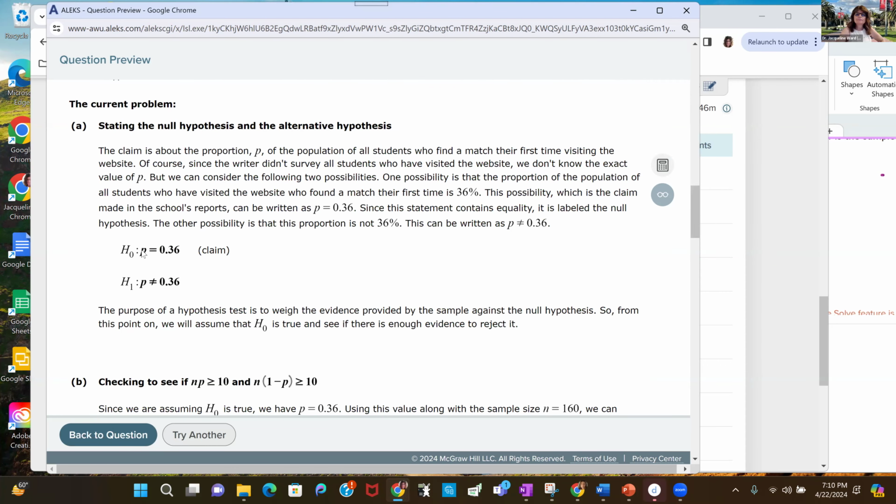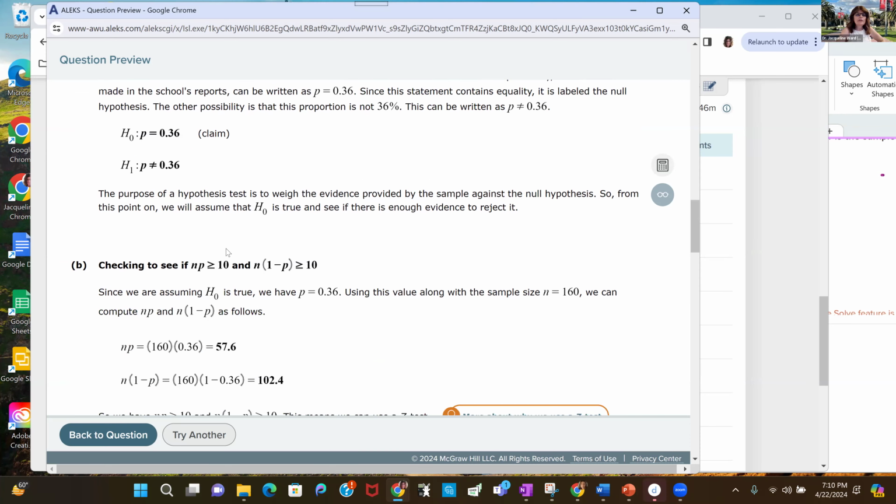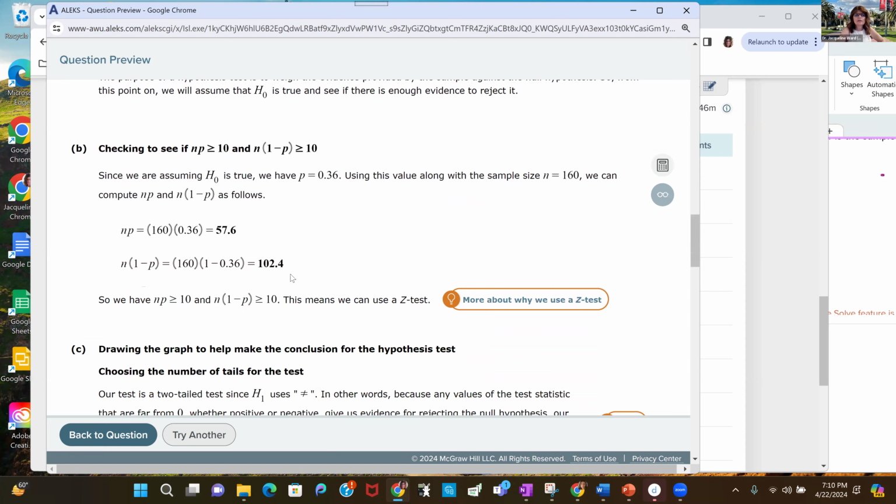So the null hypothesis is that the population proportion equals 36%. And then the newspaper wants to test and see whether or not it is. All right, and then we have to do n times p and n times 1 minus p, and make sure that they're both greater than 10.